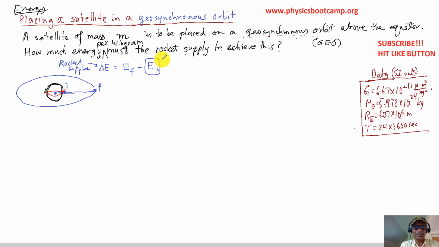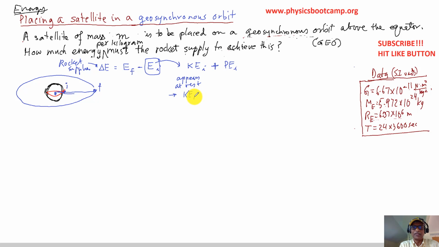So this will be equal to kinetic energy plus potential energy. We'll come to potential energy next, okay? But let's look at the kinetic energy. It will appear at rest.